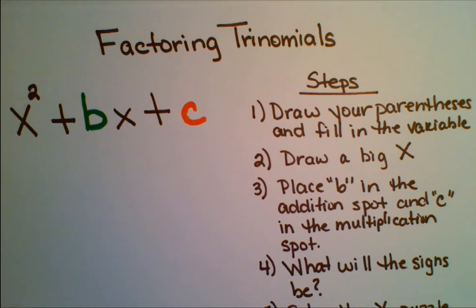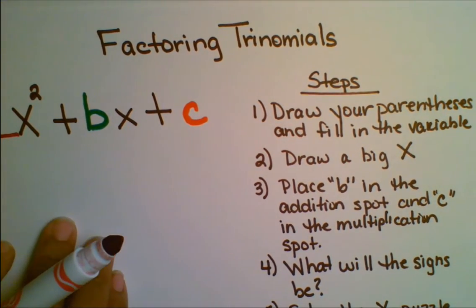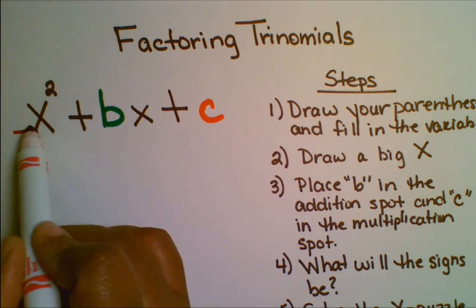Factoring trinomials. So we're going to look at some easier trinomials to factor. What makes these trinomials easier to factor is that we do not have a number other than 1 in front of the x squared.